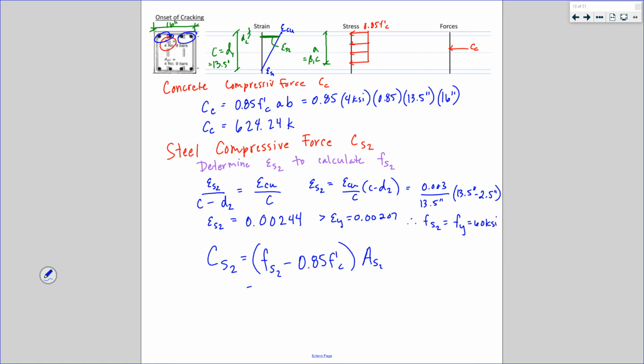I've got 60 ksi minus 0.85 times 4 ksi, times As2, which is 4 number 9s, so 4 times 1.0 inches squared. That would give me 226.4.